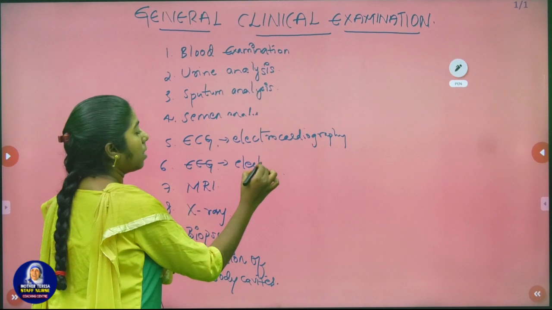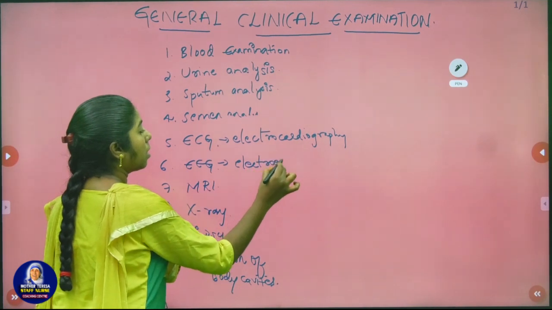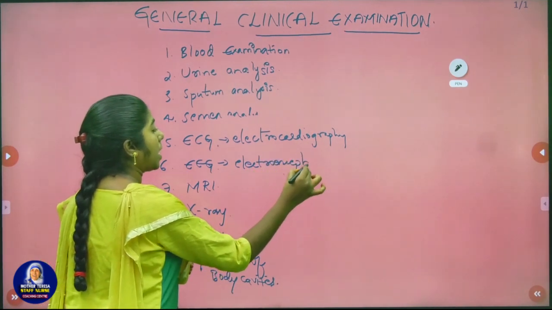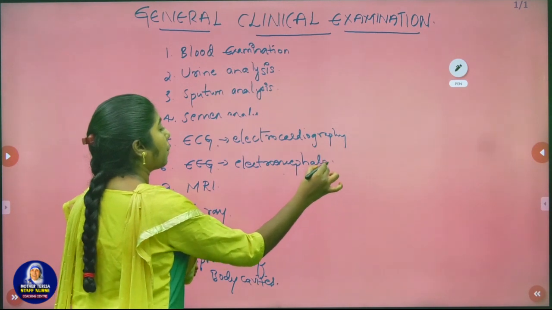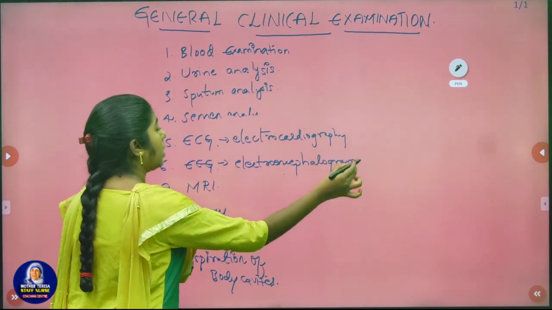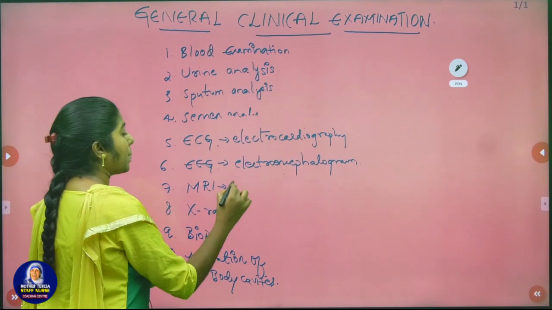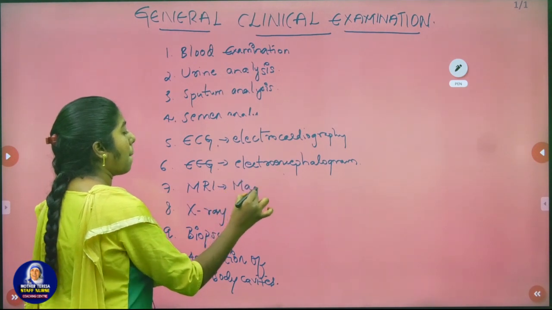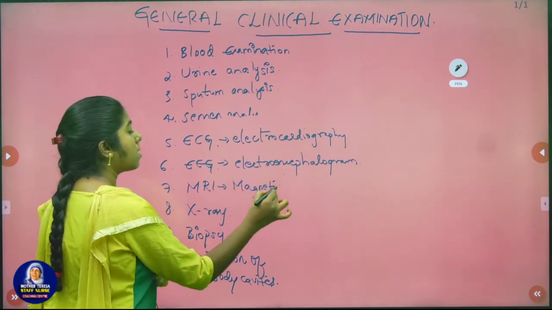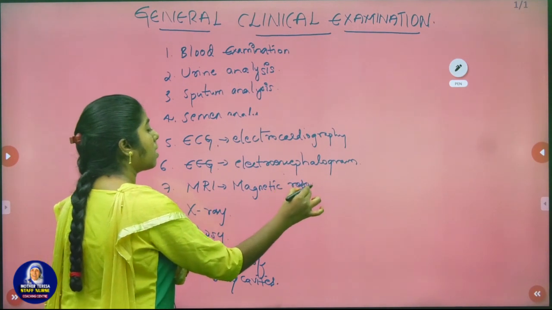Then next EEG, nothing but electroencephalography or electroencephalogram, whatever. Then MRI. MRI is nothing but magnetic resonance imaging.